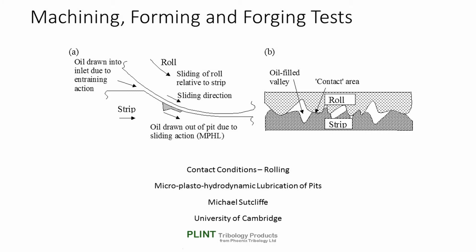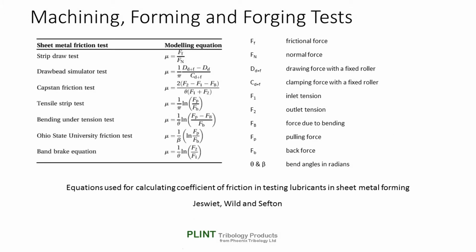Because frictional forces are difficult to measure directly, many models have been developed to estimate what it is in many different metal forming situations. These equations are used for calculating the coefficient of friction in testing lubricants in sheet metal forming.